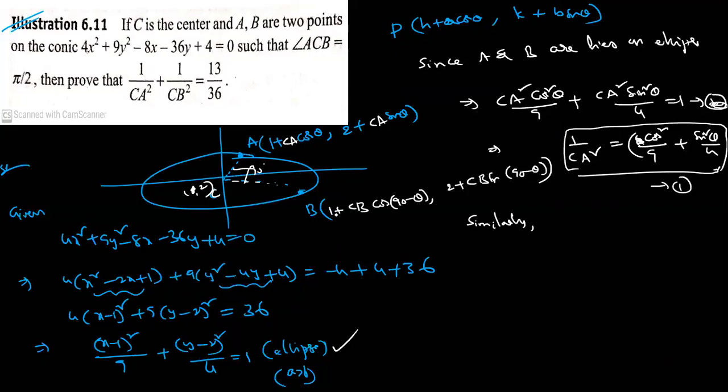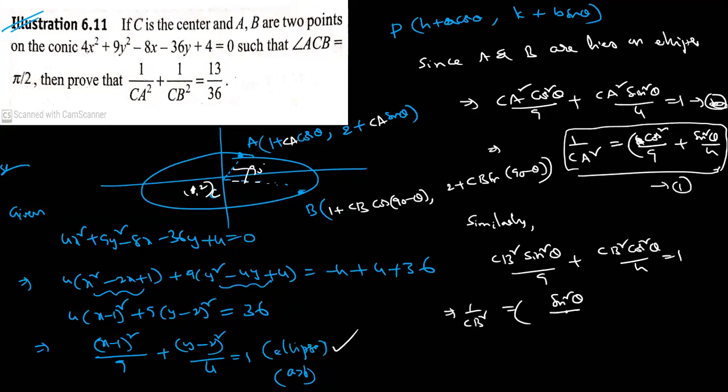What is the answer? So 1 cancels. CB cos of 90 minus theta is sin theta. That means CB square sin square theta by 9 plus CB square cos square theta by 4 is equal to 1. Therefore, 1 by CB square is how much? That is the answer.